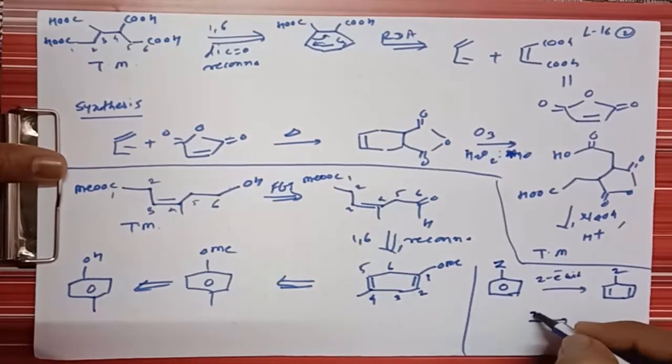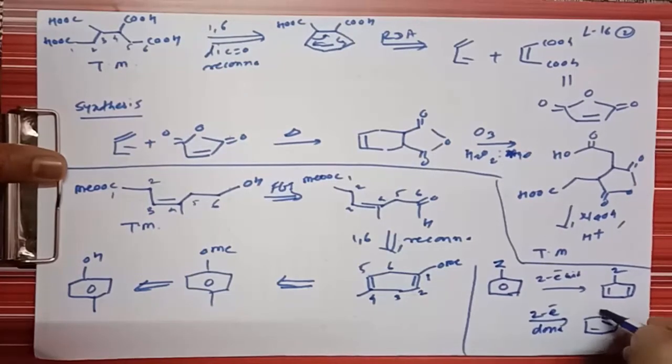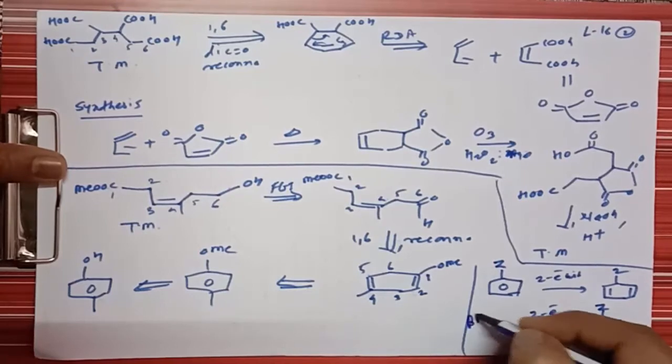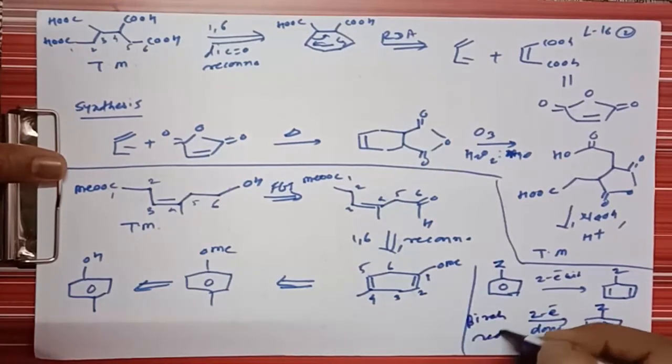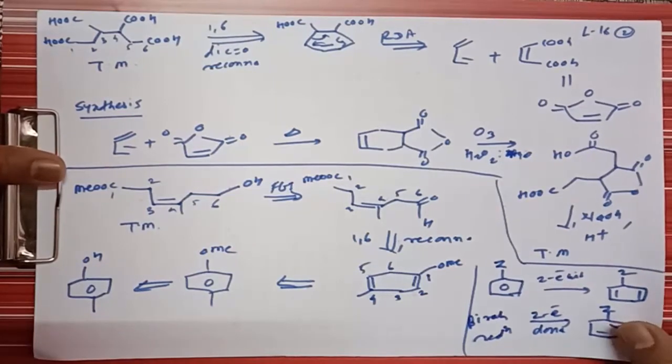But if the Z group is electron donating, what it gives? It gives a molecule like this which has an adjacent double bond at the substitution, right, in the Birch reduction. So this is the Birch reduction, and if the electron donating group is there, it gives an adjacent double bond, but if an electron withdrawing group is there, it gives such type of olefin.